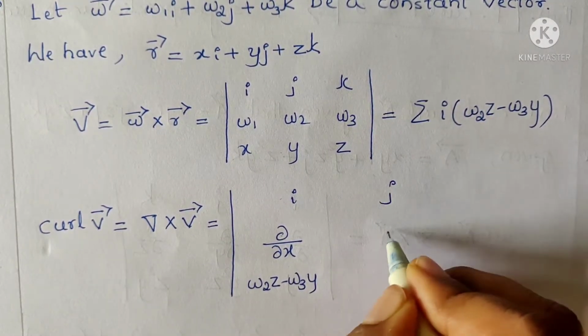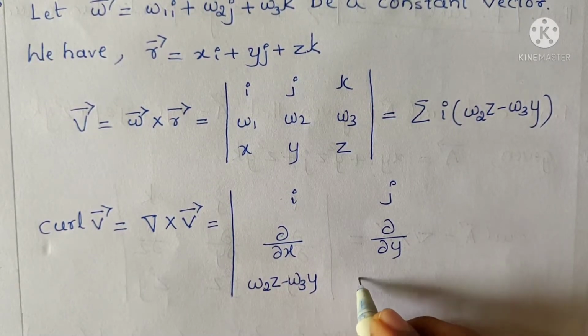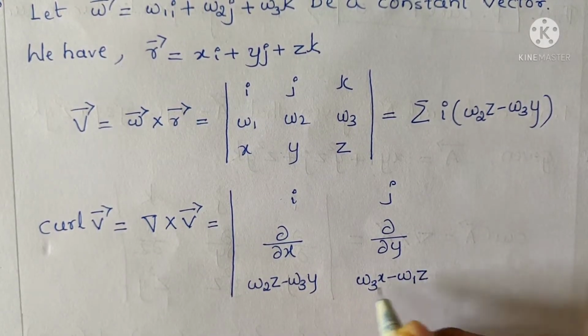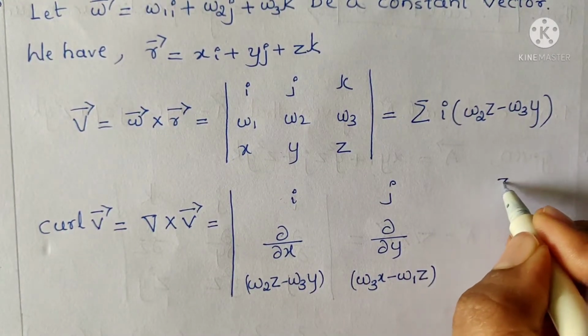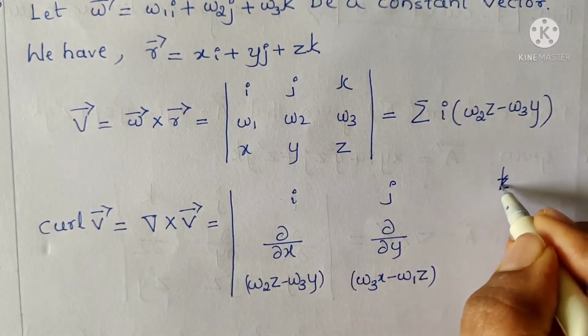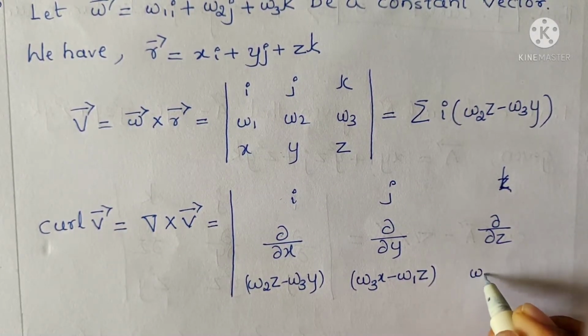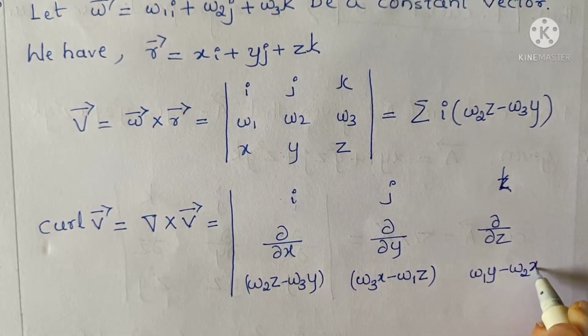Next comes j, dou by dou y. The coefficient of j is w3x minus w1z. So it's symmetrical. So z, k, so this is dou by dou z. Then it is w1y minus w2x.